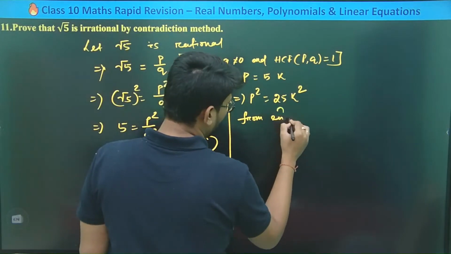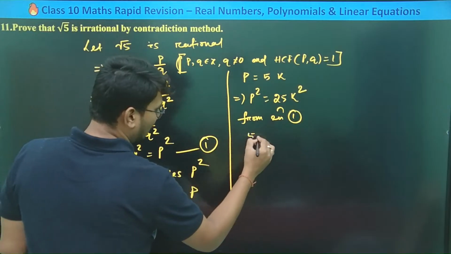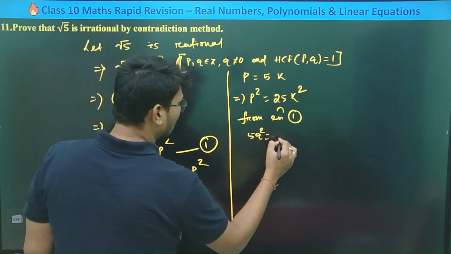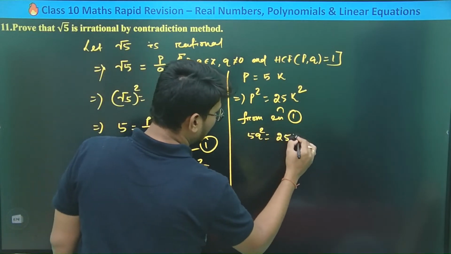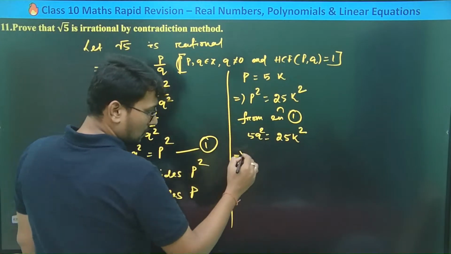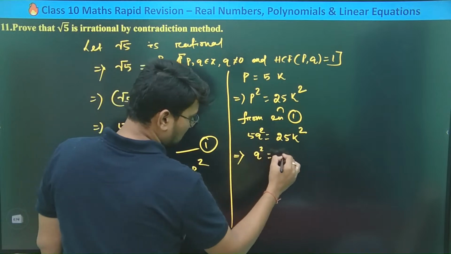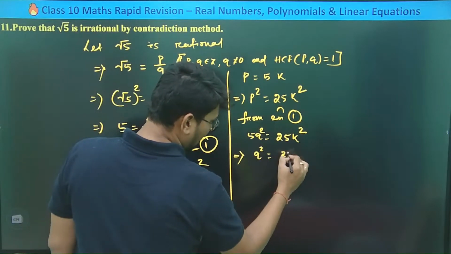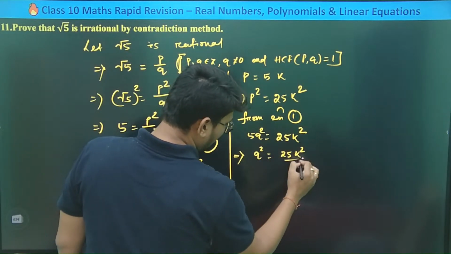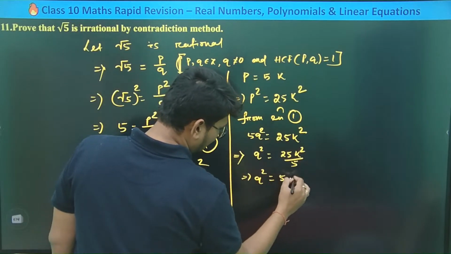From equation 1, we can write 5q square equals 25k square. Hence q square equals 25k square by 5, so q square equals 5 times k square.